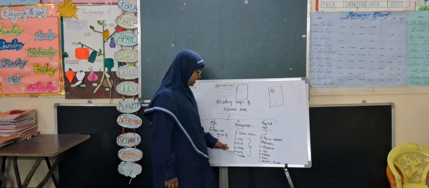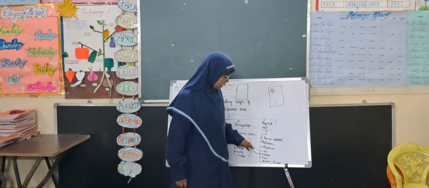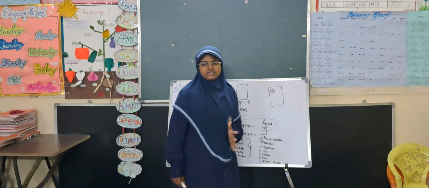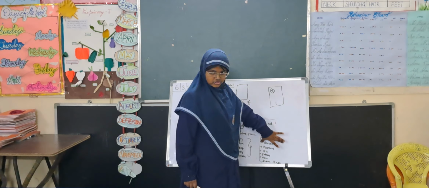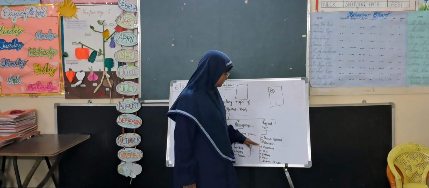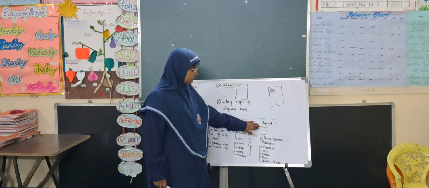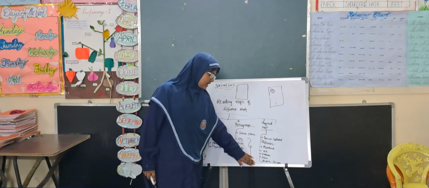A physical map shows us all the natural features of our Earth, like mountains, hills, plateaus, plains, rivers, oceans, trees, and many other things that are present on our Earth.